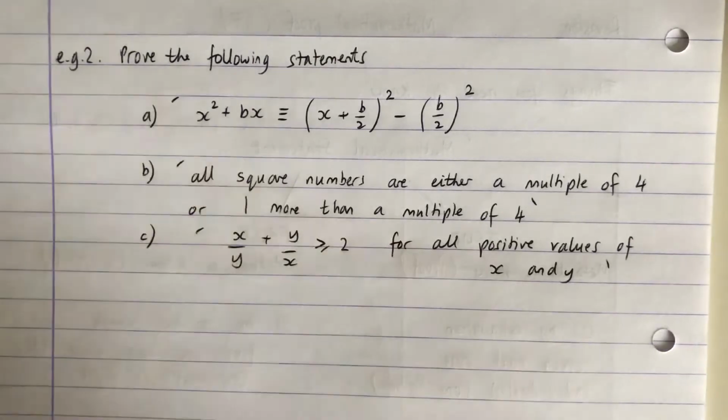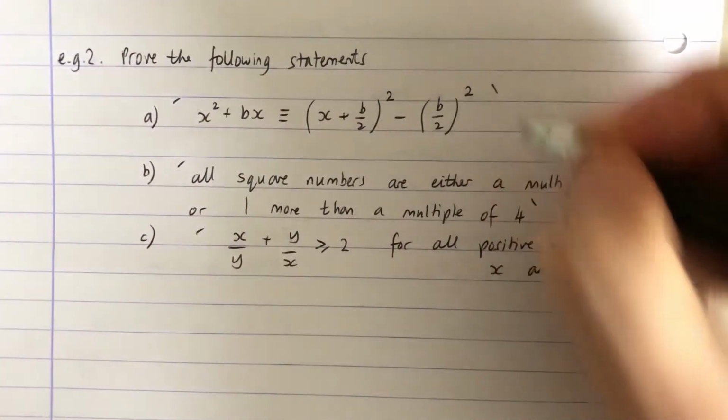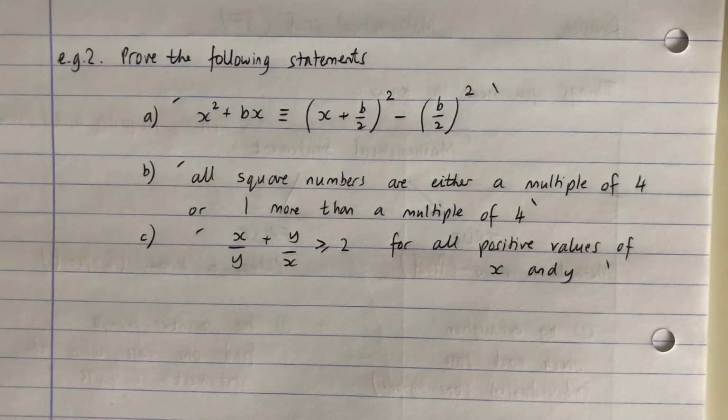Three statements. Statement 1 is an identity. For an identity, you start with the more complicated looking side of the identity, then apply your logical mathematical steps and end up with the other side of the identity.